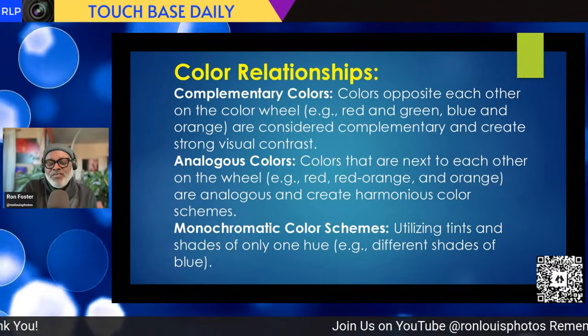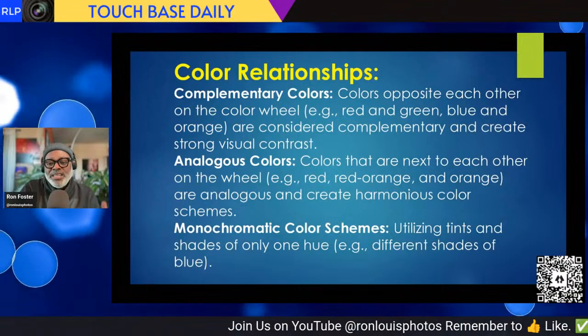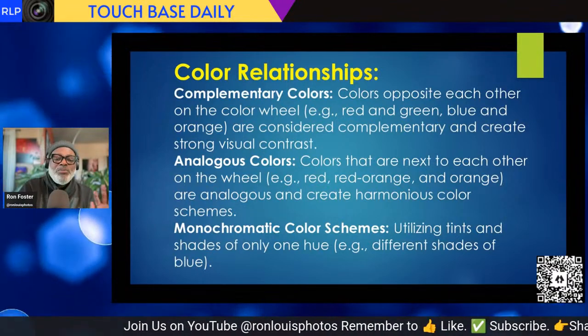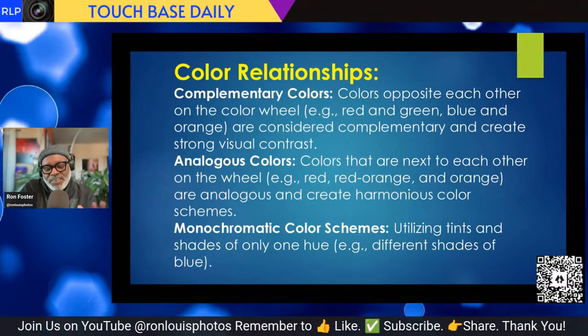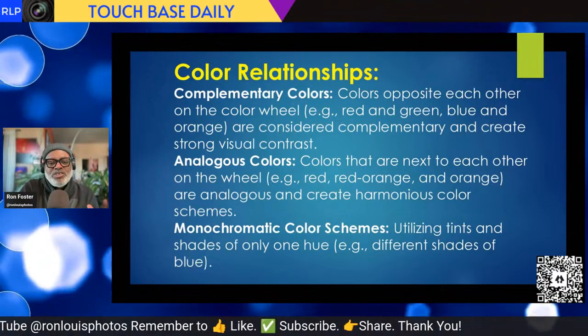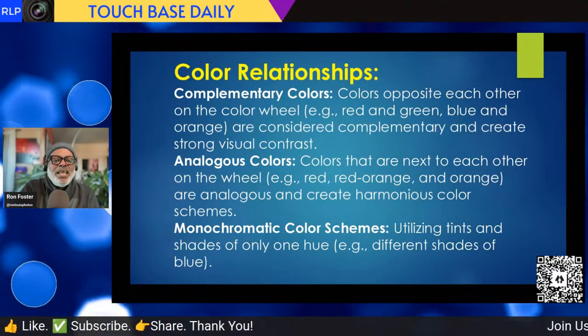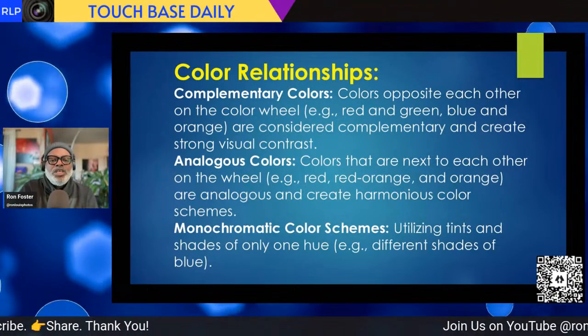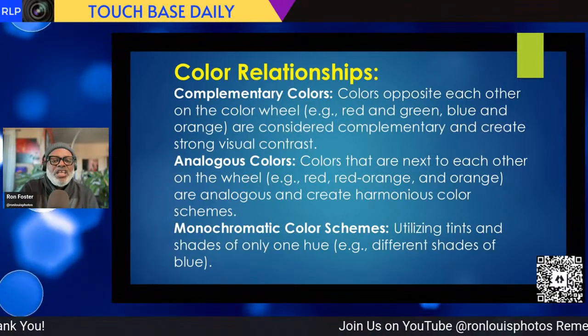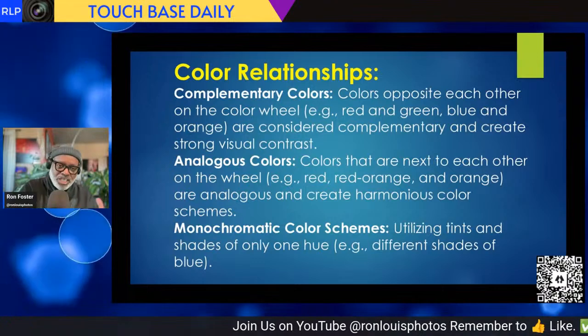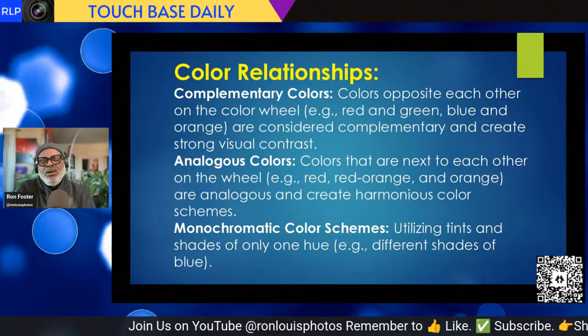When you see photographers, they like to edit in color grading. They'll put more browns or more blues, kind of like faded through the frame of the picture. Monochromatic color schemes utilize tints and shades of only one hue. Different shades of blue, different shades of green, different shades of orange.